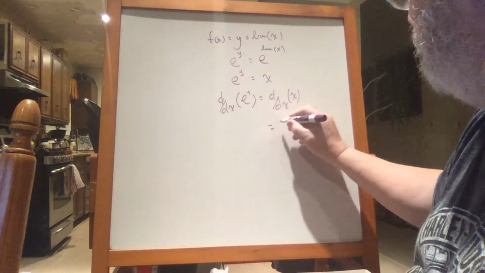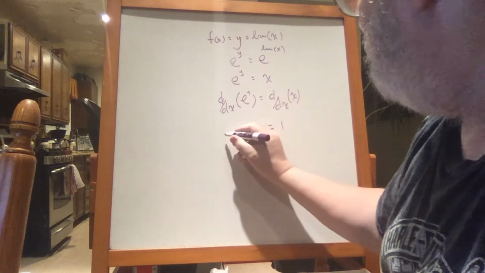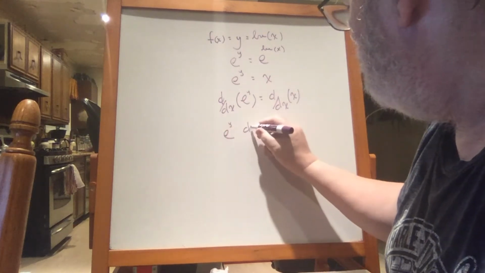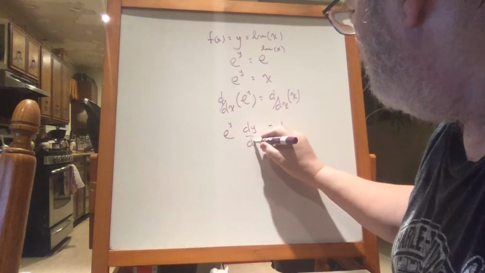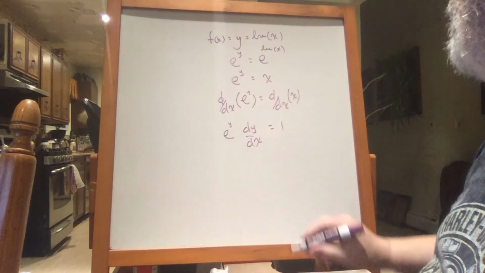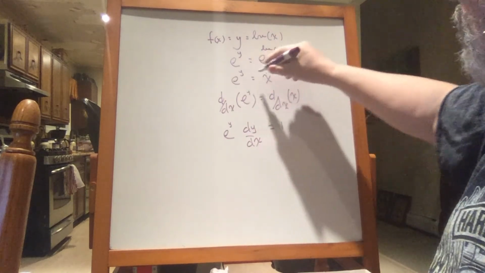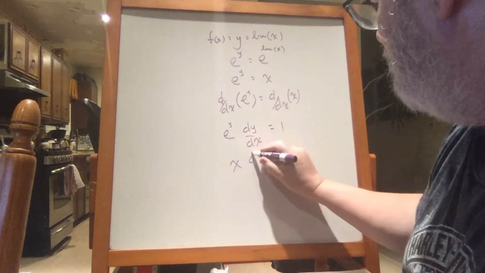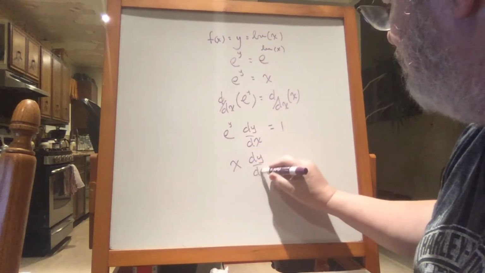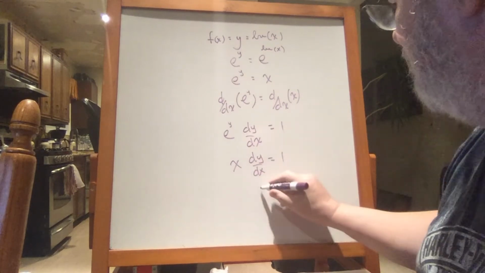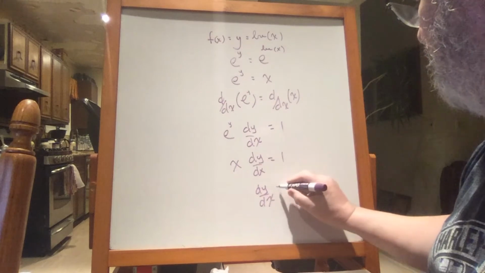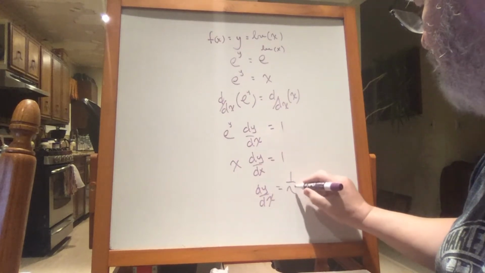This equals 1, and this one equals e to the y times dy dx. But then e to the y is just x. So we have x dy dx equals 1, dy dx equals 1 over x.